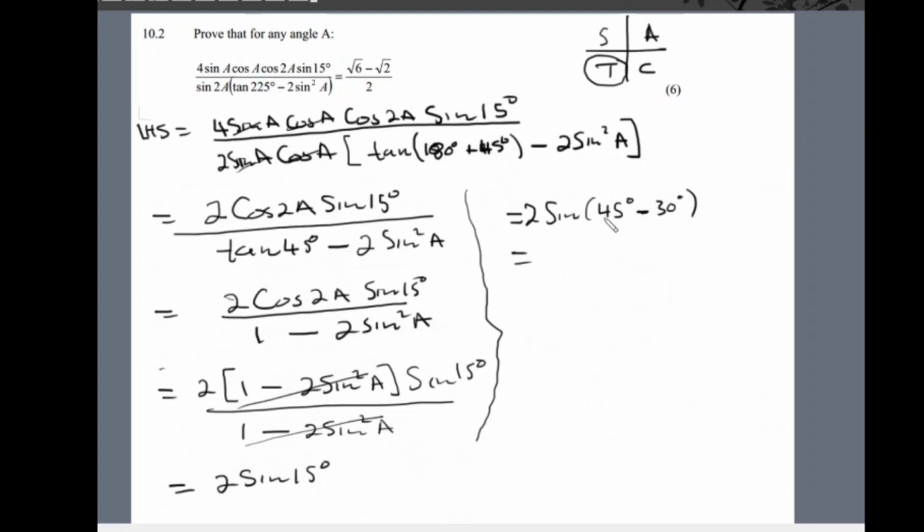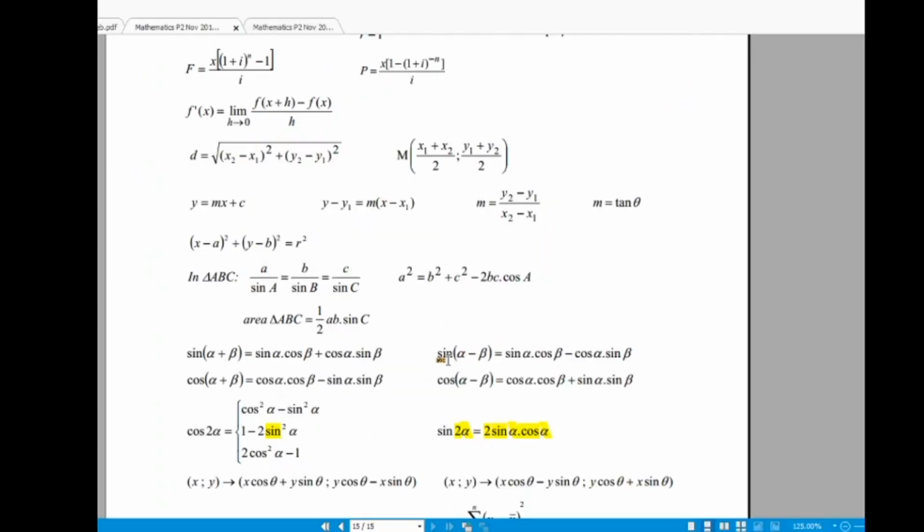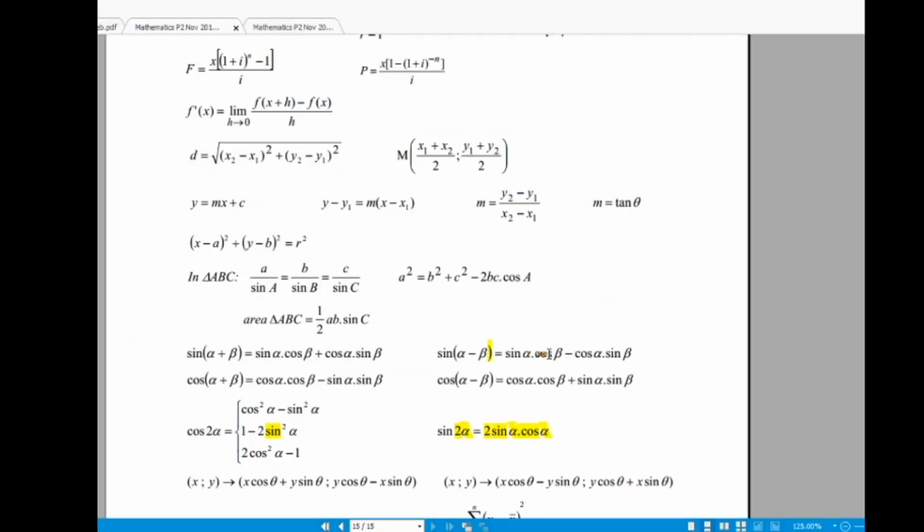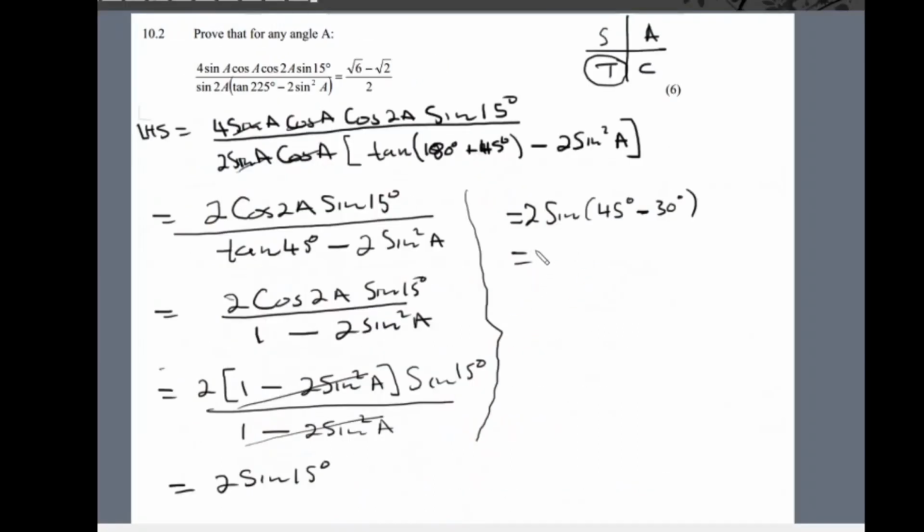Again, we can use our formula sheet for this. Sine alpha minus beta is equal to sine alpha cos beta minus cos alpha sine beta. So we will use this identity here.